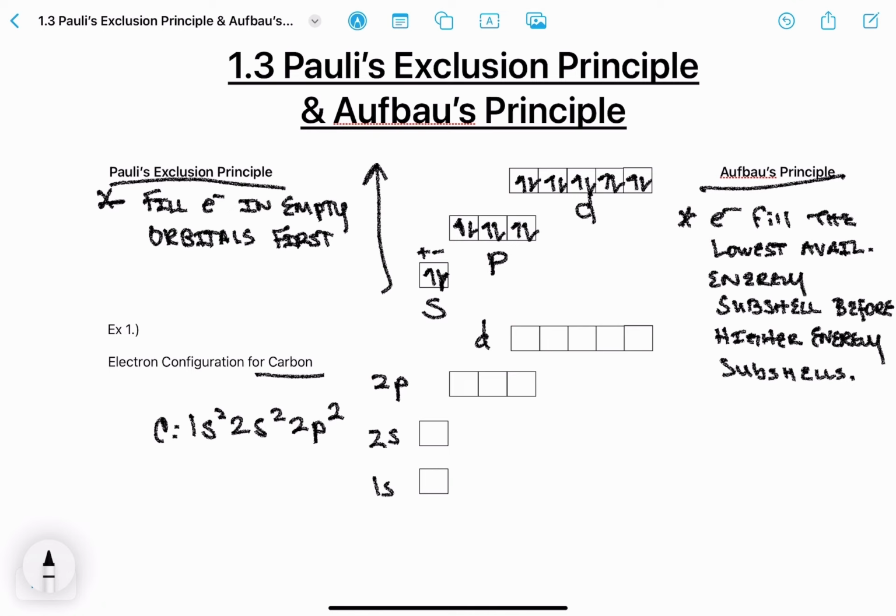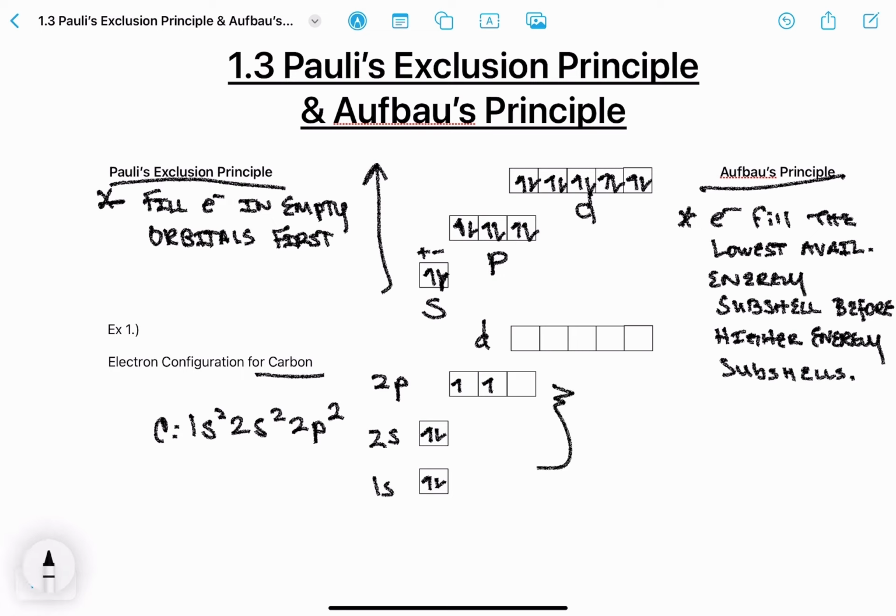And so the way we're going to fill this up is we're going to fill the lowest available energy first. So that's Aufbau's principle. Then we're going to go up to 2s and fill that first. And then for 2p, again, we're going to abide by Pauli's exclusion principle and fill the empty ones first. Now, carbon is 2p2, so we're only going to have 2 there.